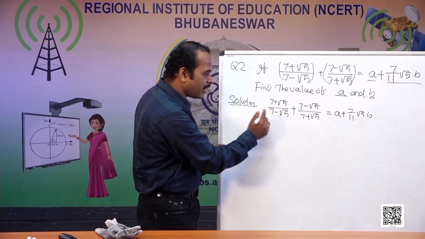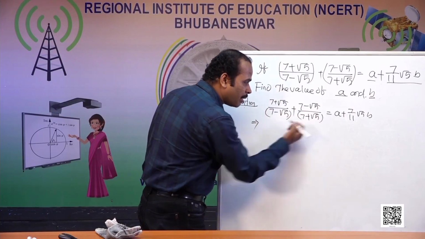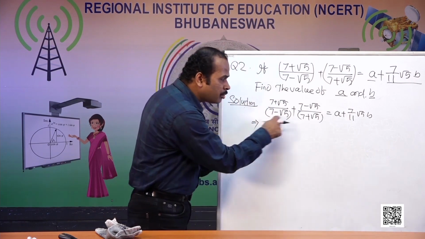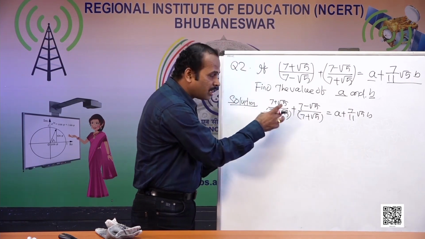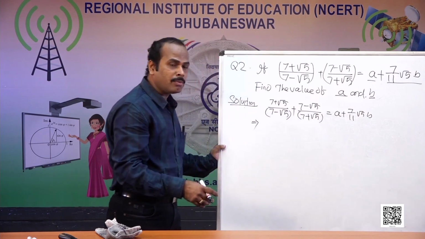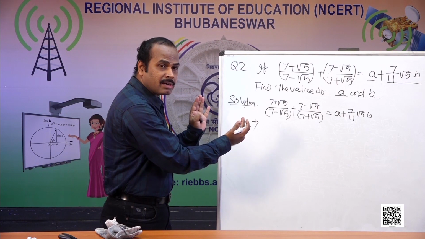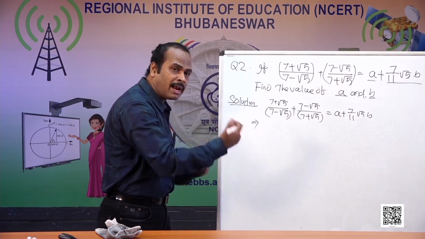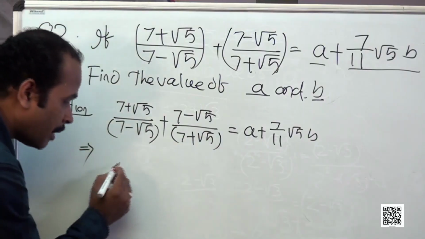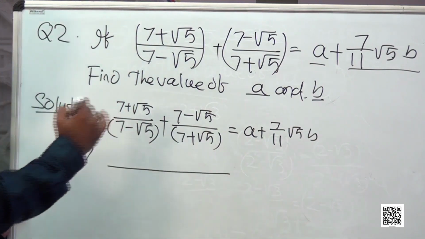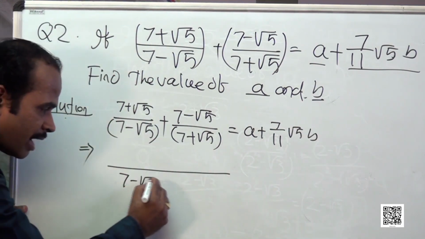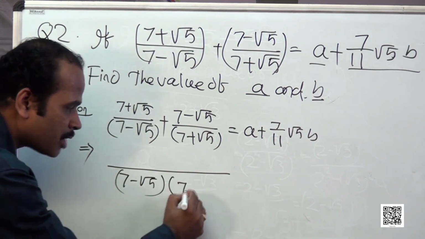While solving, by observing the denominators, I find both of these denominators are already in the form of a plus b into a minus b. So I can rationalize individual denominators, or I can take the LCM of the denominators. So I will take the LCM as 7 minus root 5 into 7 plus root 5.